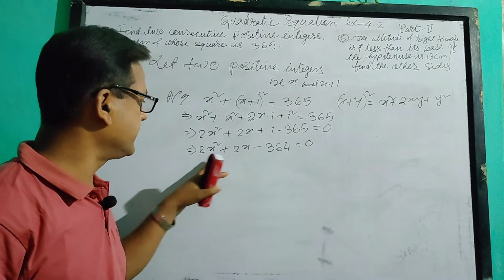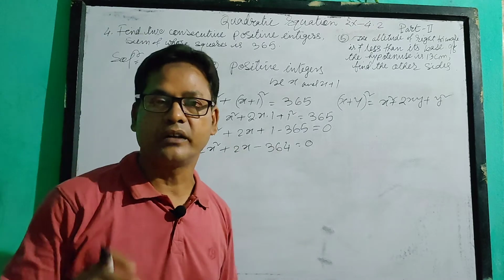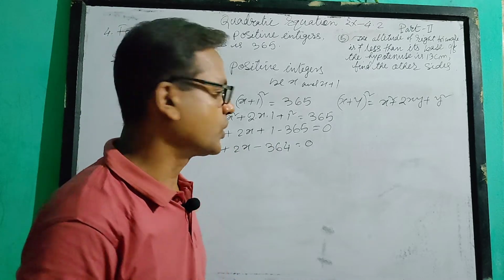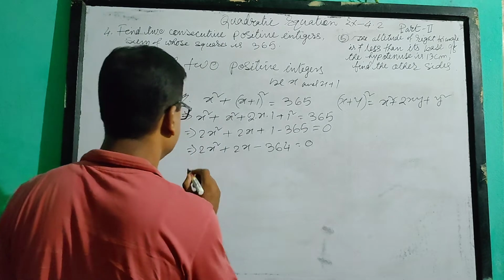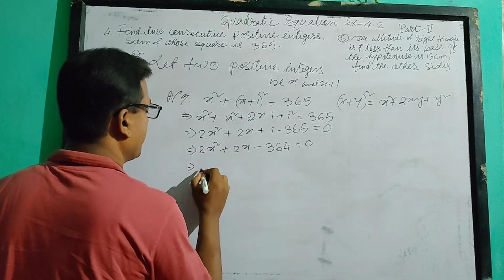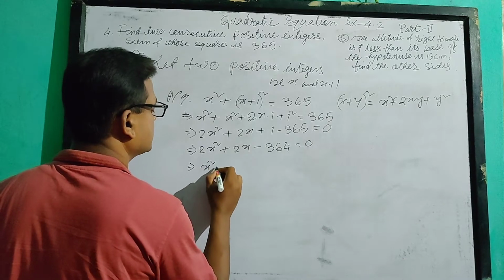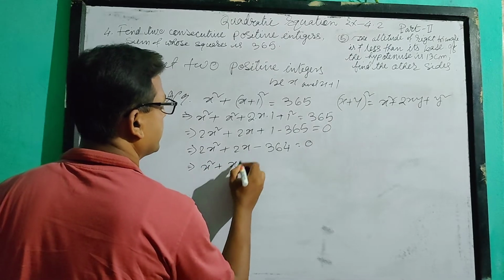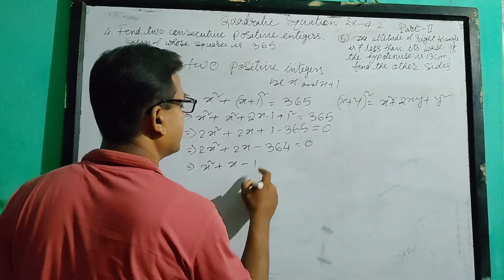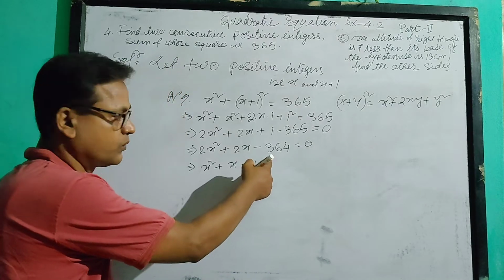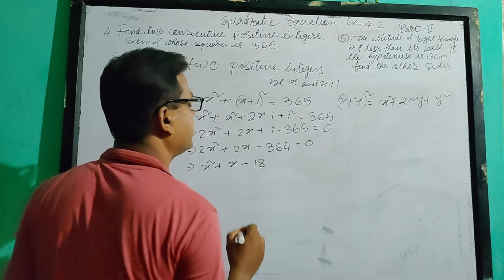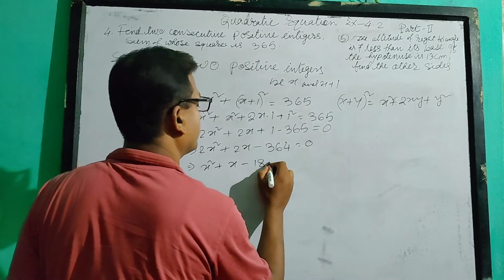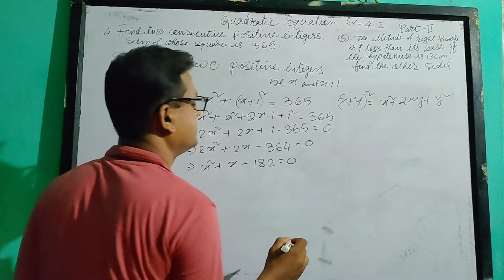In all three terms, 2 is the common factor. So we can divide this to reduce the equation. Divide by 2, then x square plus x minus 182 is equal to 0.